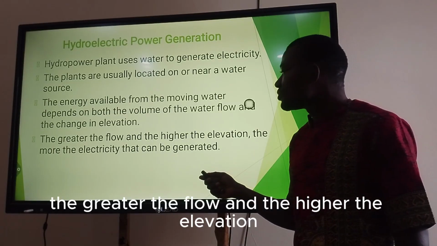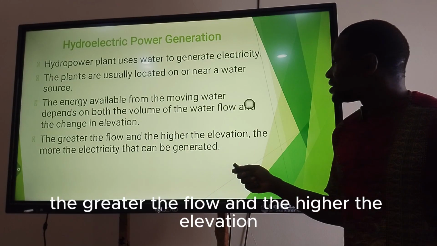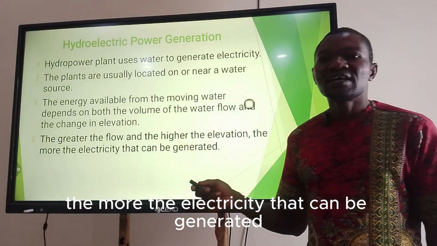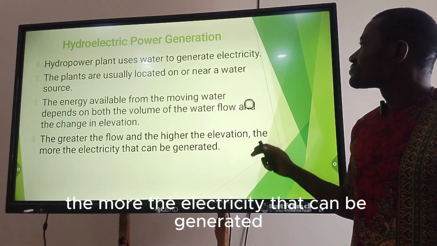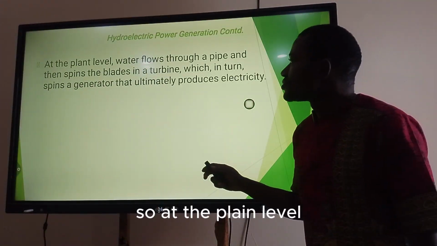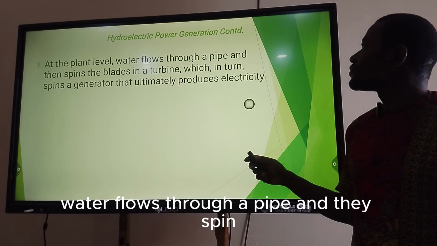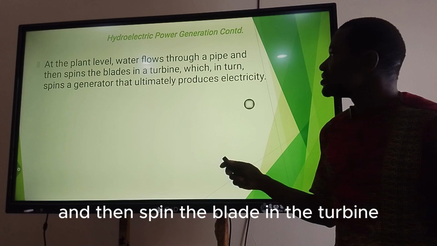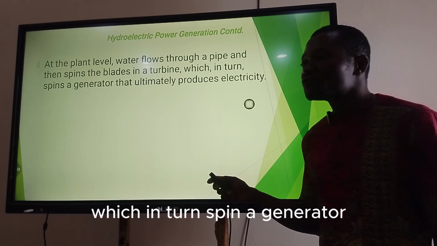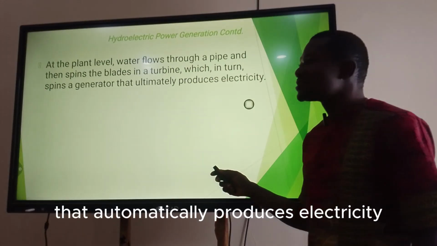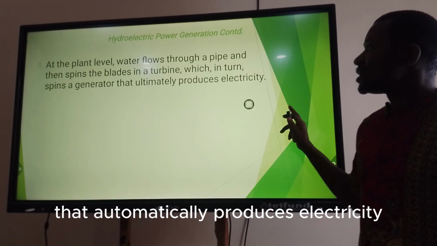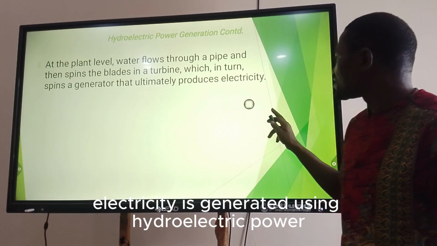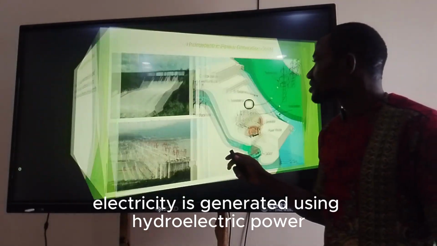The greater the flow and the higher the elevation, the more electricity can be generated. At the plant level, water flows through a pipe and spins the blades of a turbine, which in turn spins a generator that produces electricity. We shall soon be looking at how electricity is generated using hydroelectric power.